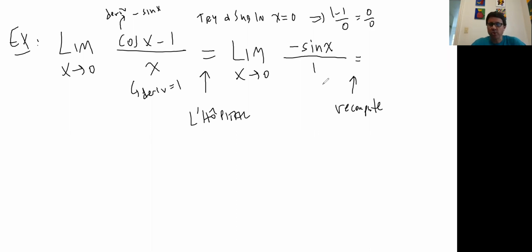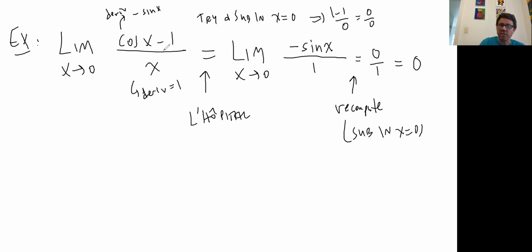So what do I get if I try and compute it now? Well, just by subbing in x equals 0, I get negative sine of 0, which is 0, divided by 1. What is 0 divided by 1? That answer is 0. We've already seen that 0 divided by any non-zero number is equal to 0.